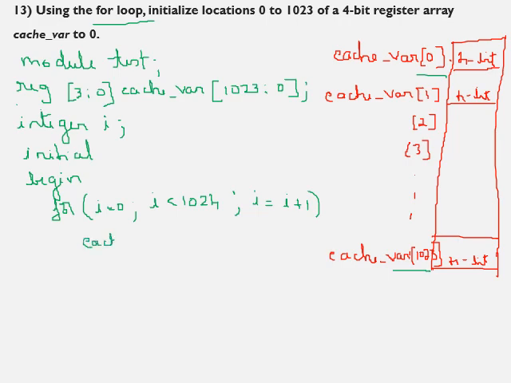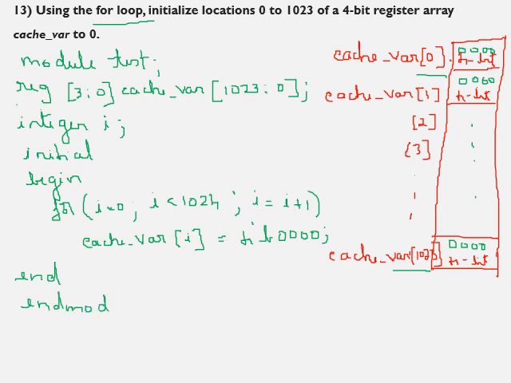Now the actual initialization: cache var of i equal to 4'b0000, because each location is 4 bits wide. Your job is to initialize each of these locations to 0, so that is what we are doing inside this for loop. Now that's the end of the initial block, and finally end module.